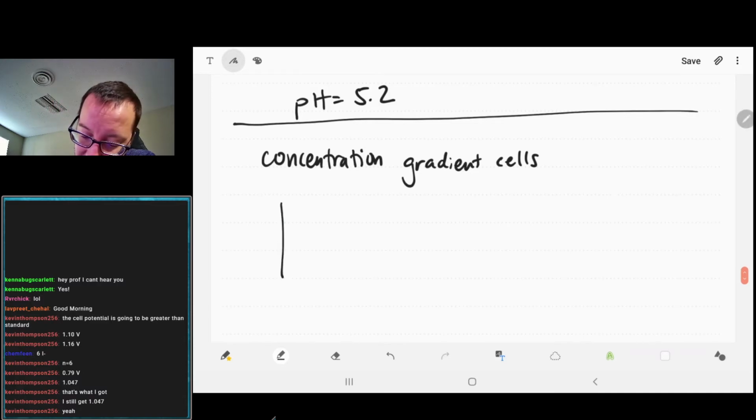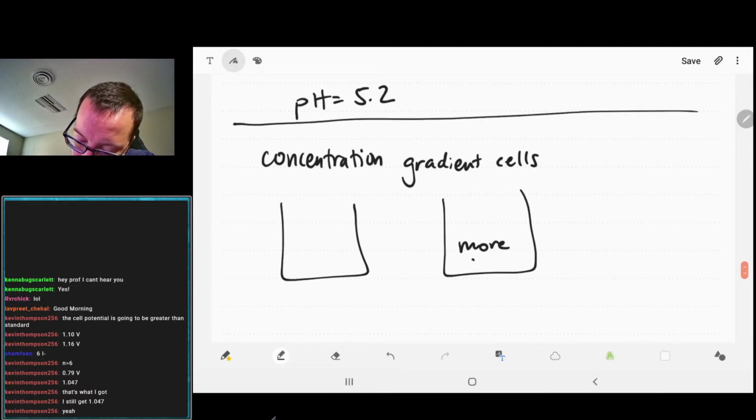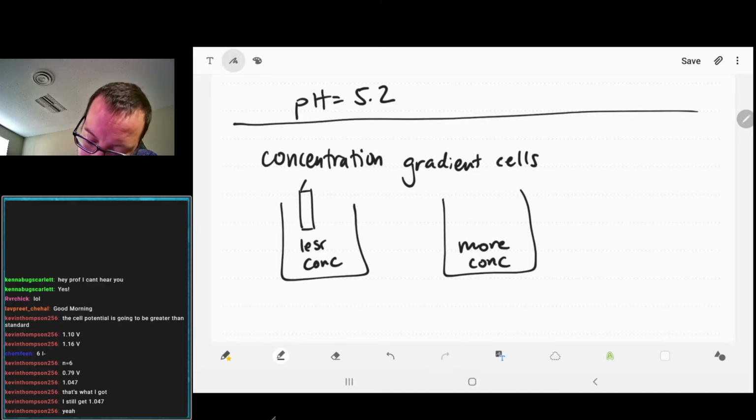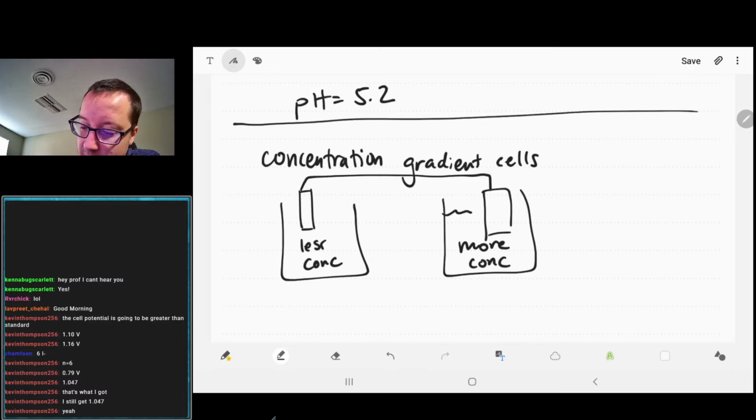So you can have the same metal electrode and just have a more concentrated solution and a less concentrated solution. And you'll see that you will be able to generate potential this way. The book has one starting with a nickel example. We can do that.